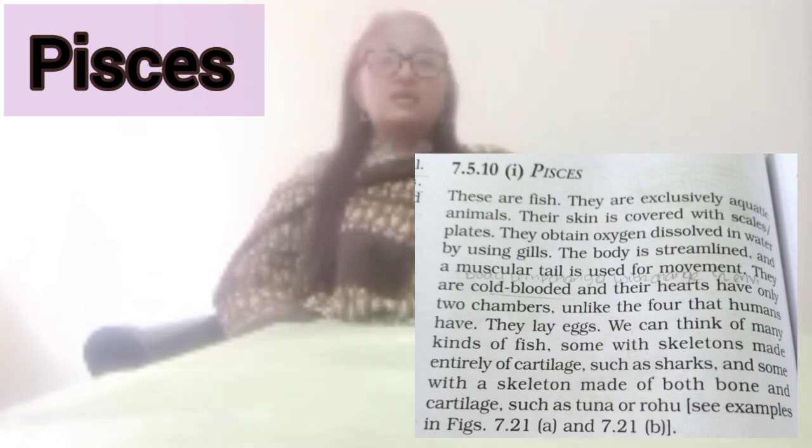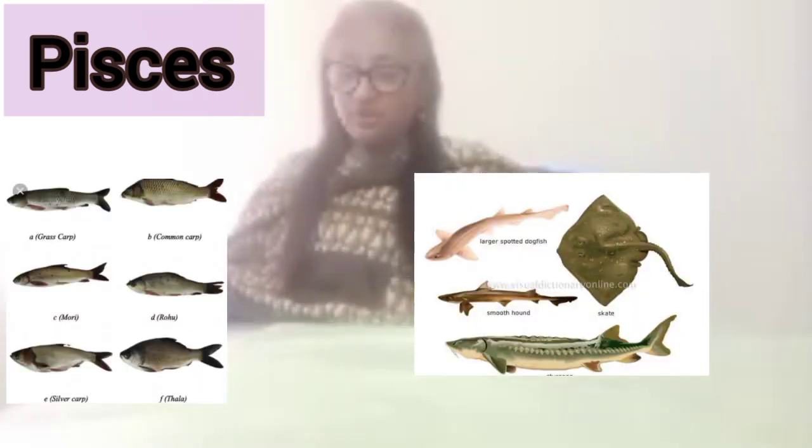These fishes are known as cartilaginous fishes, as in the case of sharks. And some of them have both cartilage as well as bone in the skeleton. These fishes are known as bony fish.